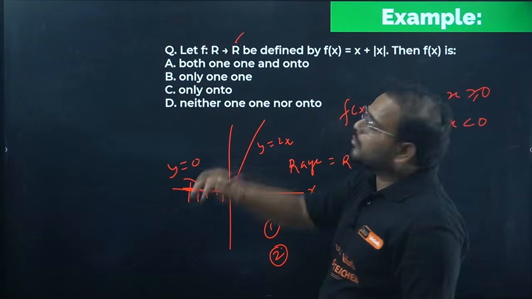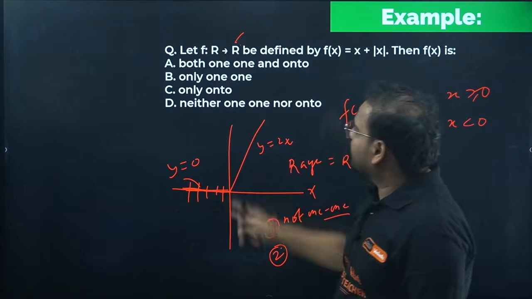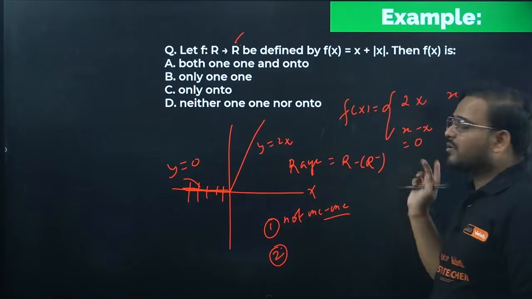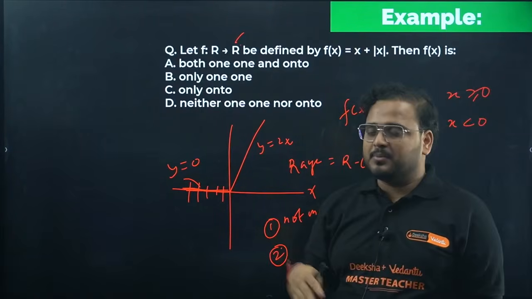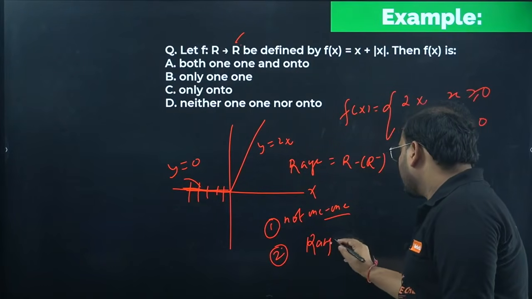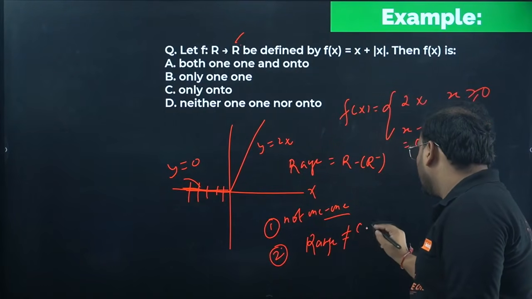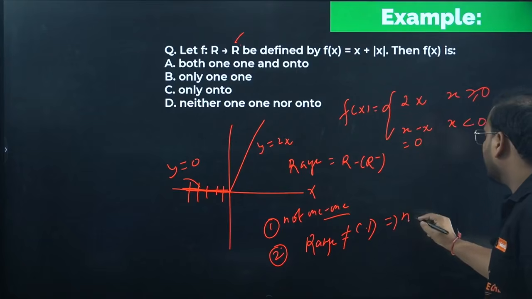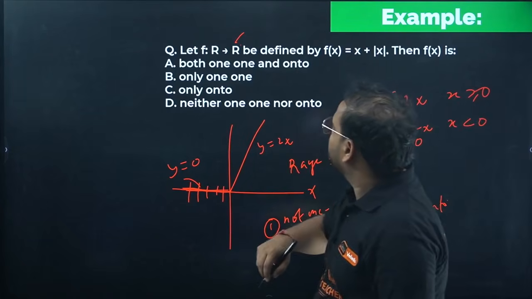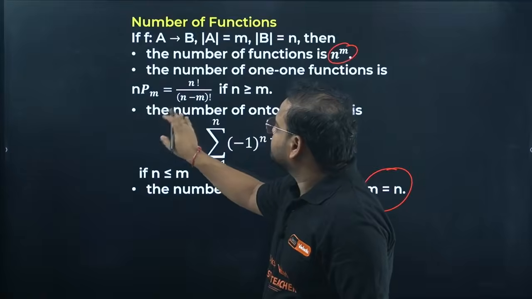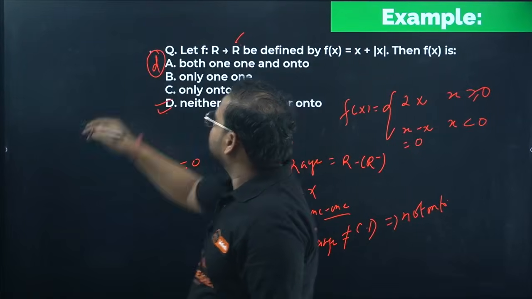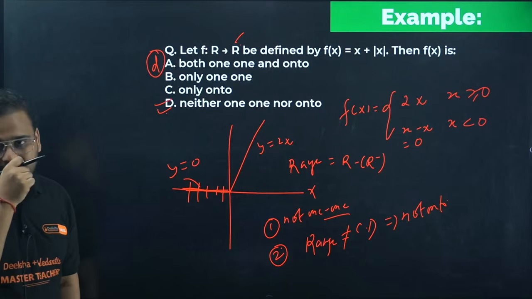No, the codomain is all real, whereas your range has the negative real numbers removed, so they are not equal. So your range is not equal to the codomain, therefore not onto. Option D is the correct answer.